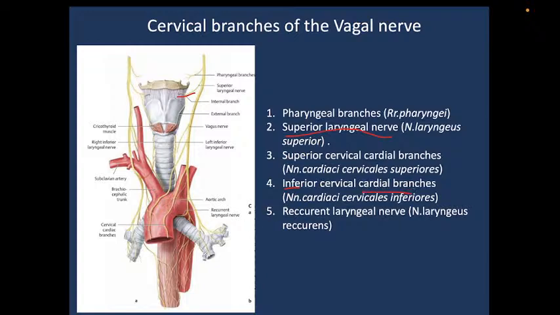And in the chest, the vagus nerve branches into the recurrent laryngeal nerve, which comes back to the larynx and innervates most of the internal muscles of this organ, I mean the laryngeal muscles.